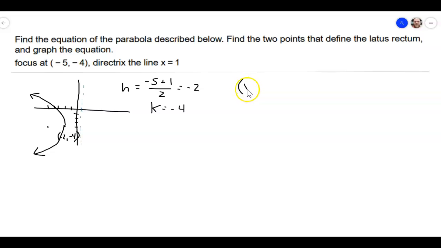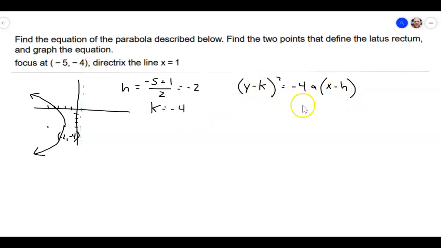So we have y minus k quantity squared is equal to -4a times x minus h. All right. Now, let's remember, well, we have our k here.